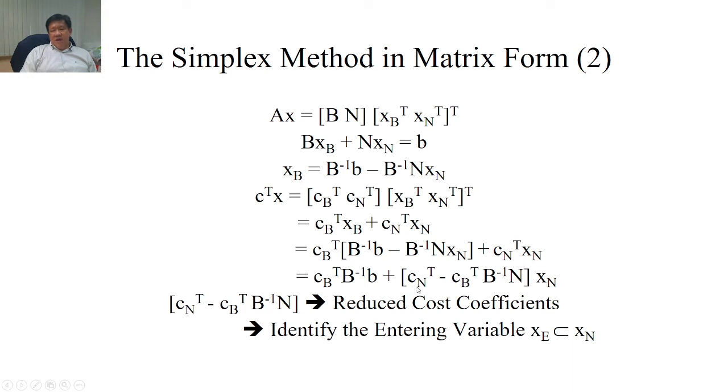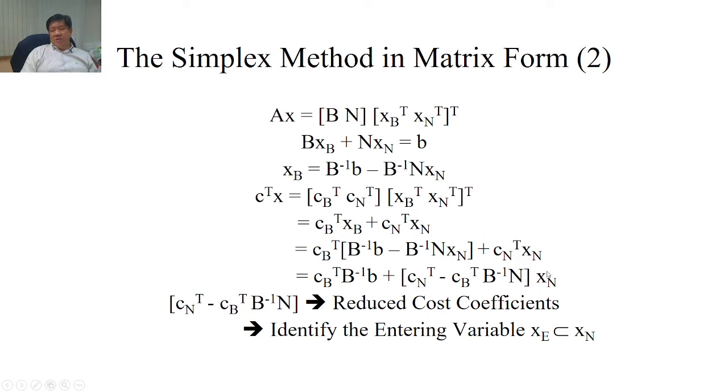But if there are coefficients multiplied to some of the x sub n which have a negative value, it means that if you increase the non-basic variable by 1 unit, you can reduce c transpose x by this reduced cost coefficient, because it's a negative value.